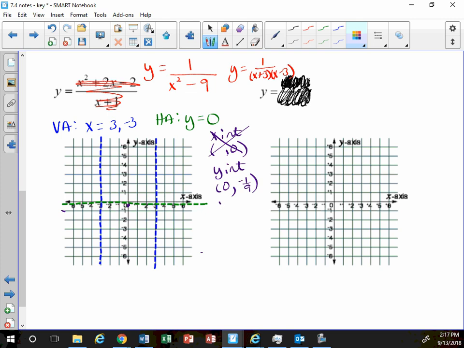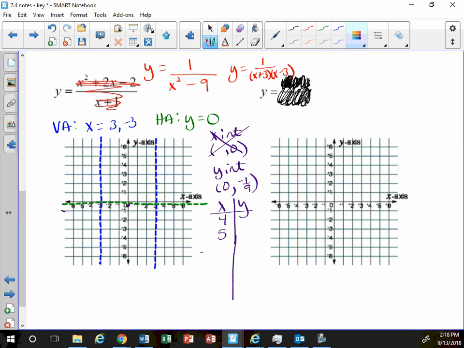All right, let's make our chart then. You have to look at this as having 3 sections of your graph to deal with. I'm going to start over here on the right side. So what do you want to plug in over here? 4 and 5, okay. And yes, you can do this without a calculator.